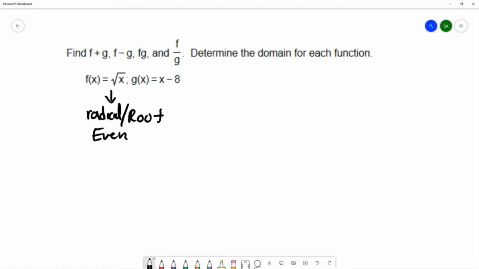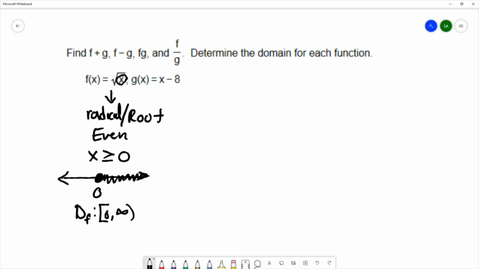So we're going to take the expression that's underneath the radical, which for this example is just x, and we want to set that greater than or equal to 0. If we represent that on the number line, that would be a filled in dot at 0 and shading all the numbers greater than 0. So we get a domain of f to be everything greater than or equal to 0, which in interval notation is 0 to infinity with a bracket on the 0.